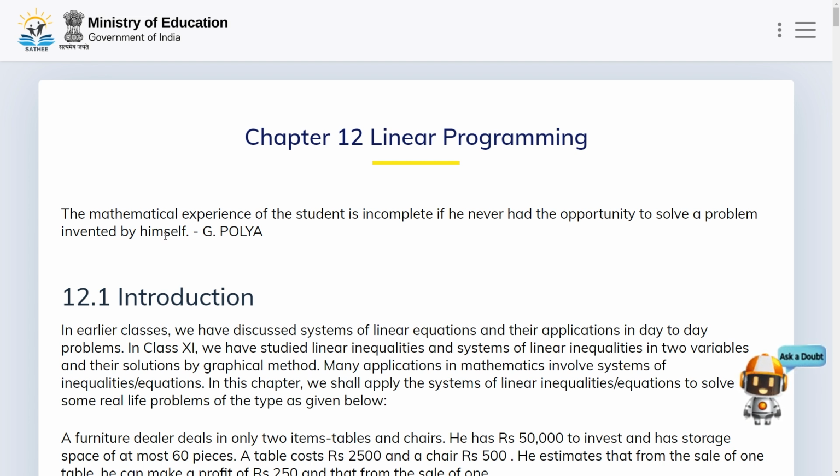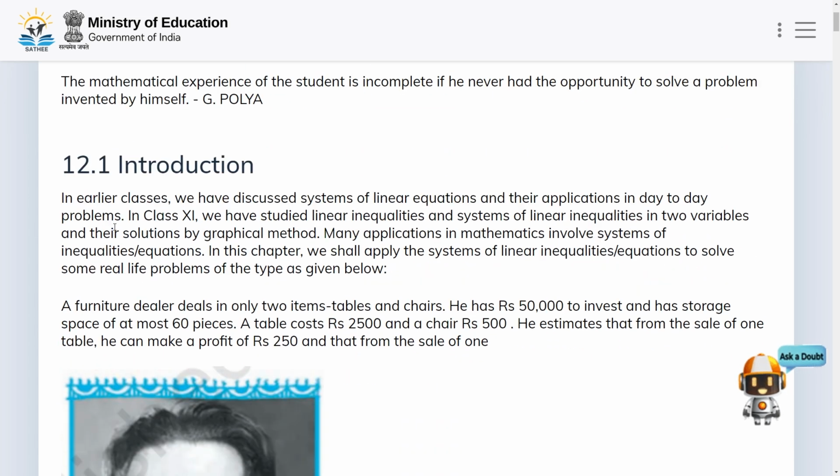So let's see, for example, a furniture dealer deals in only two items, tables and chairs. He has 50,000 to invest and has a storage space of at most 60 pieces. A table costs 2,500 and a chair costs 500 only.